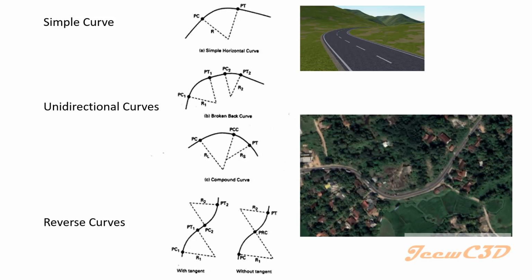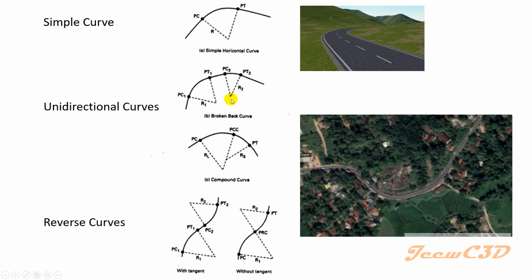This is a simple curve. You have a curve on the road. We call it a simple curve. Then a unidirectional curve means you have two curves in the same direction. Sometimes there may be a small straight section in the middle, sometimes there won't be a straight section. You have two curves, two radii of curves on the road.